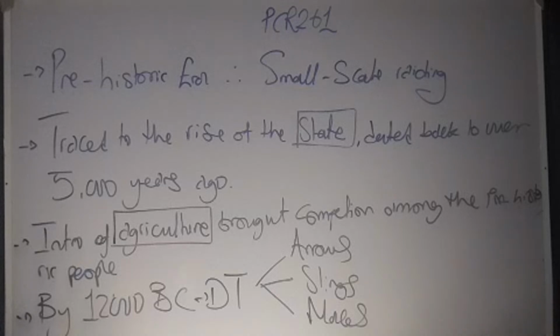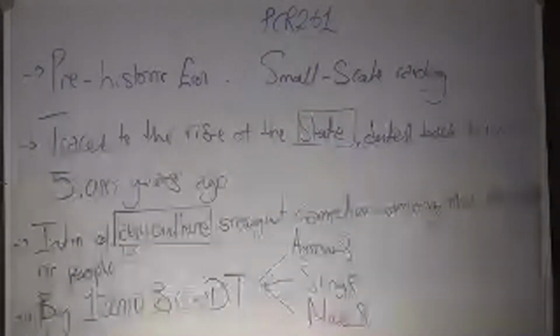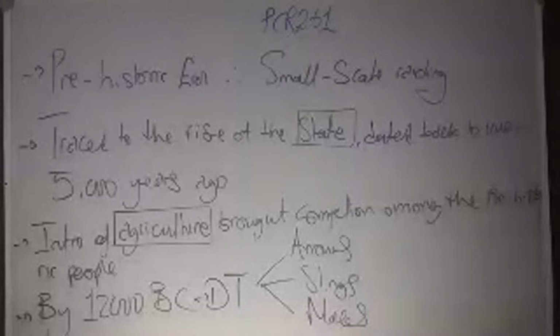When we talk about the Mediterranean nations, we are talking about nations that are surrounded by sea, nations like Europe, North Africa, and Middle East. So you want to note that very quickly. We are going to be very particular about Greece and the Roman Empire.